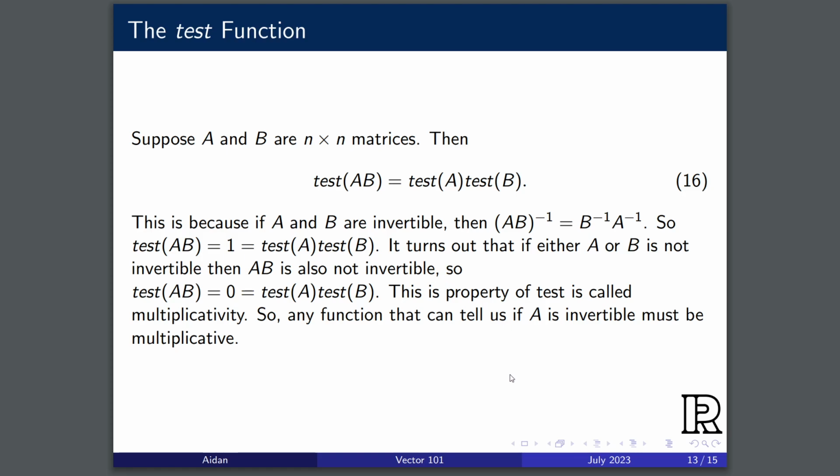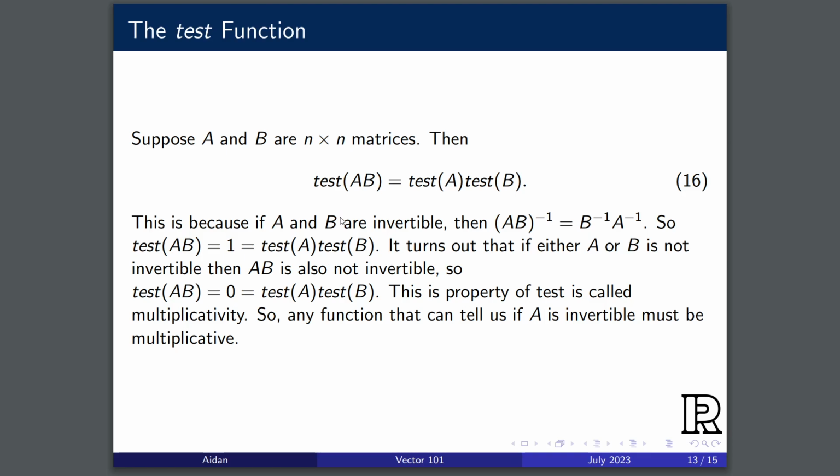And I'm not going to prove it now, but it turns out that if either A or B is not invertible, then their product is not invertible. There's basically no way to bring back invertibility by multiplying by a matrix. And so this makes it so that test of A times B equals 0, as does test of A times test of B, right?